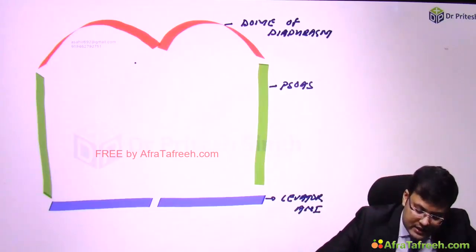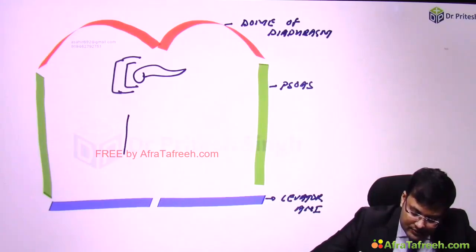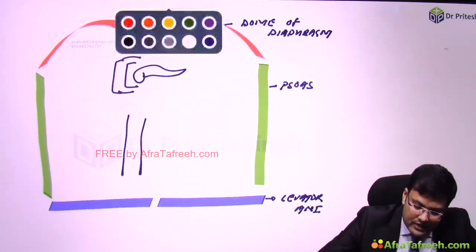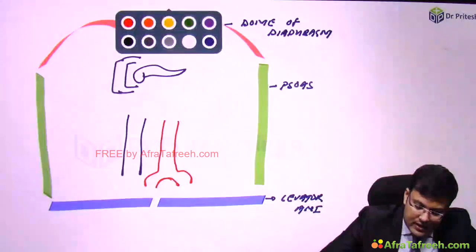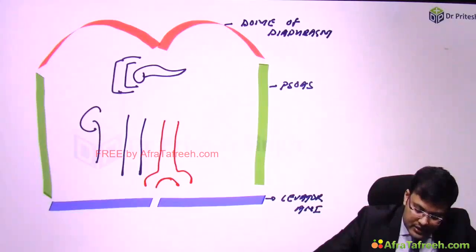Now see the organs. This is the C loop of the duodenum and pancreas. This is the IVC. This is the aorta. This is the kidney. This is the ureter.